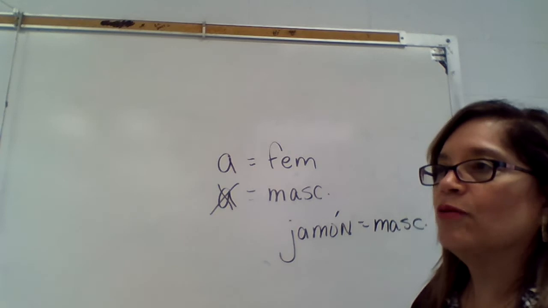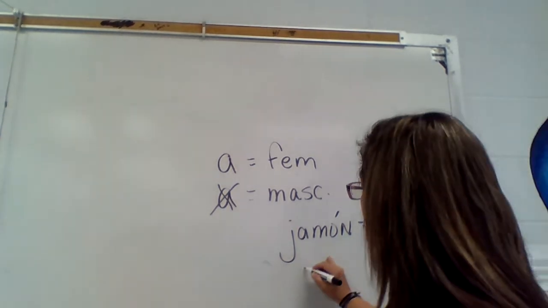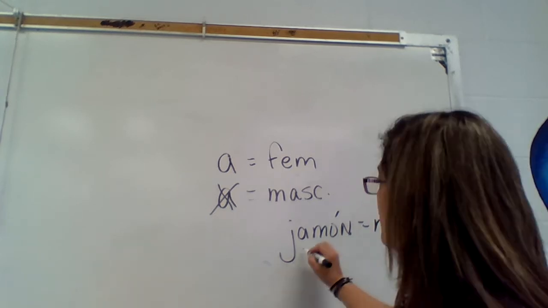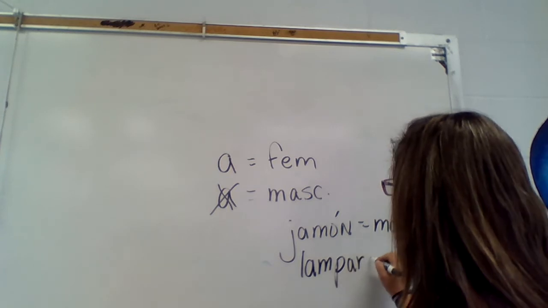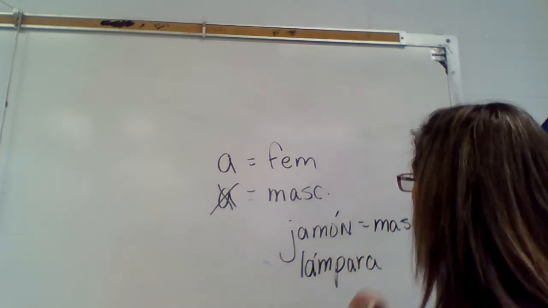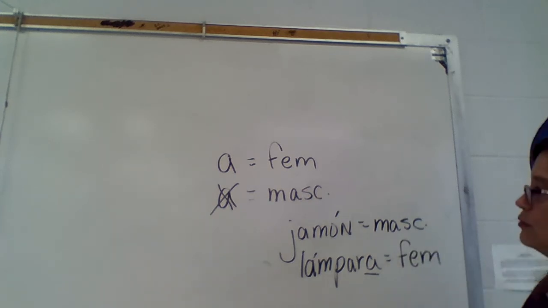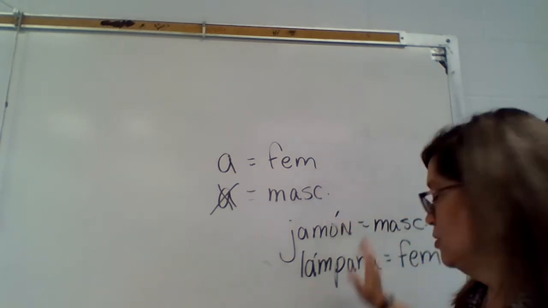Again, another noun that is feminine will be lámpara, a lamp. And again, it's feminine because it ends with an A. So those are very simple rules. A for feminine, anything that is not an A, masculine.